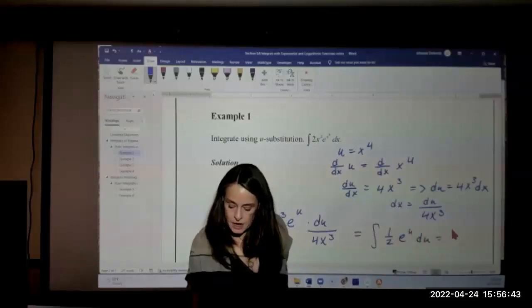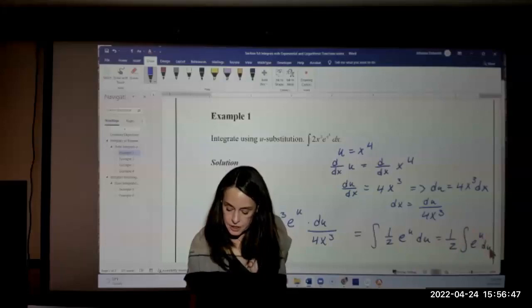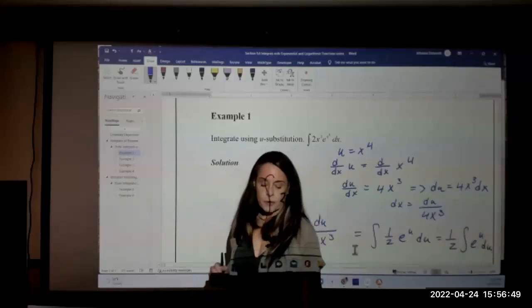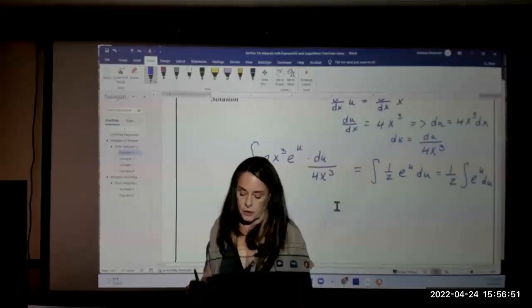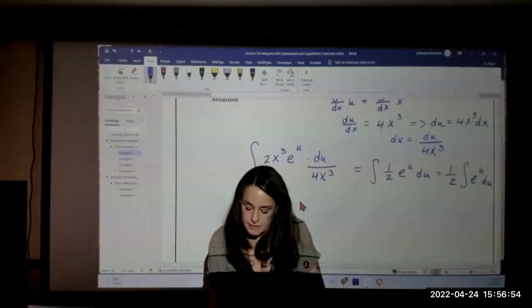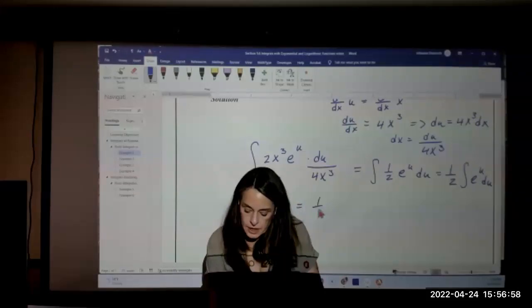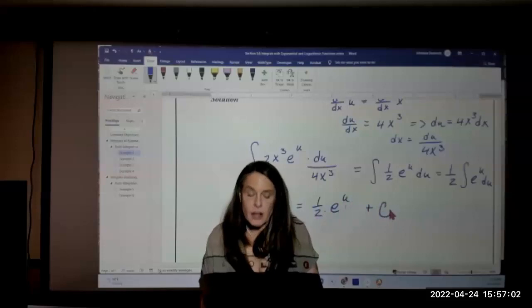The 1/2 is a constant, which comes out to the front, and we have the integral of e to the u du. Now we know from what we did a moment ago that the integral of e to the u du is in fact just e to the u. So this gives us 1/2 e to the u plus some unknown constant.